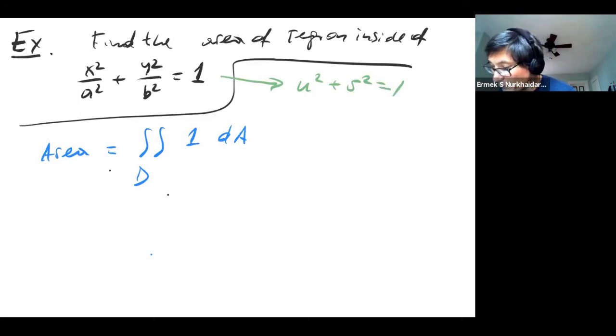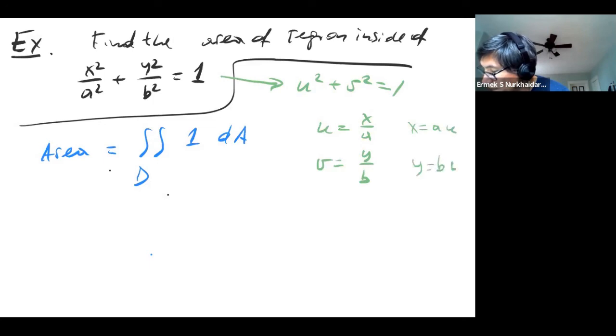That will tell me the substitution which I want to make is u equals x over a, and v equals y over b. So we're going to do the substitution: x equals a times u, and y equals b times v.